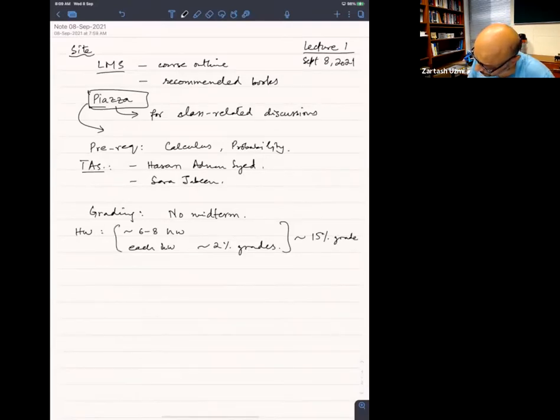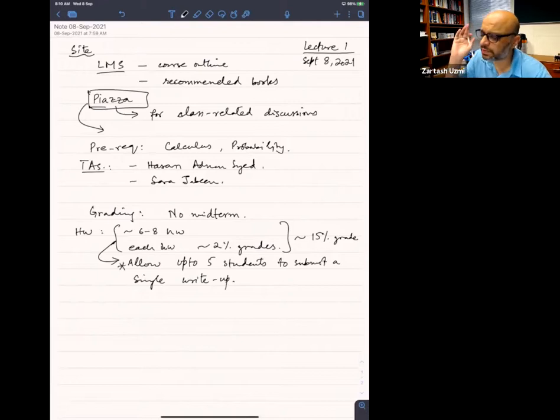And since our goal is not getting the grade, but being able to learn the material which is taught in the course, what we are going to do is that we will allow up to 5 students to submit a single write-up.